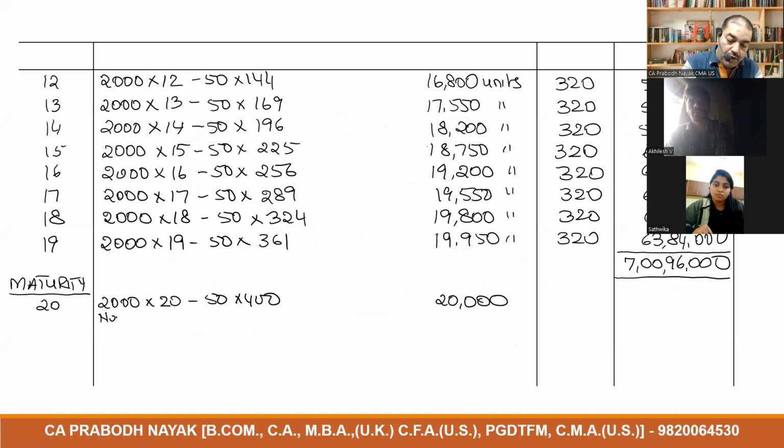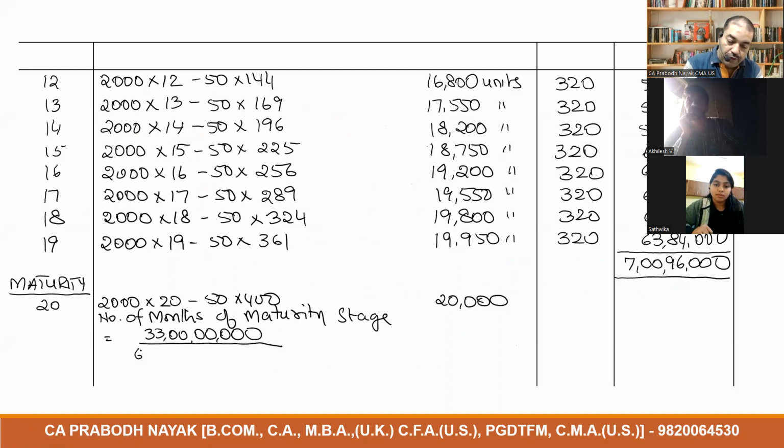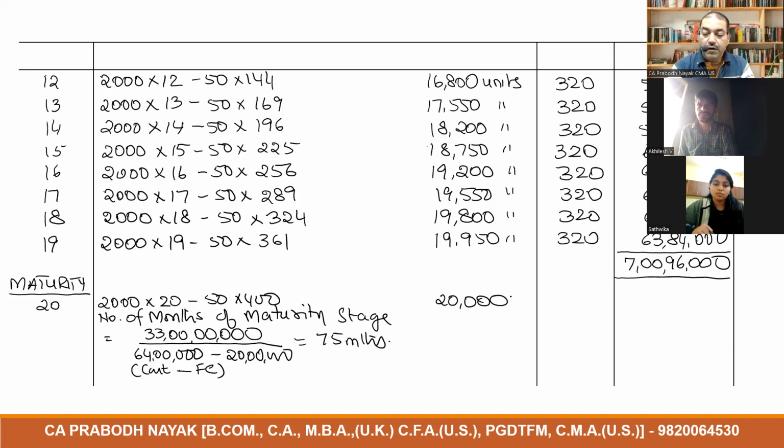Number of months of maturity stage is equal to 33 crores divided by 64 lakhs minus 20 lakhs. 64 lakhs is your contribution and 20 lakhs is your fixed cost. So that will come to 75 months.